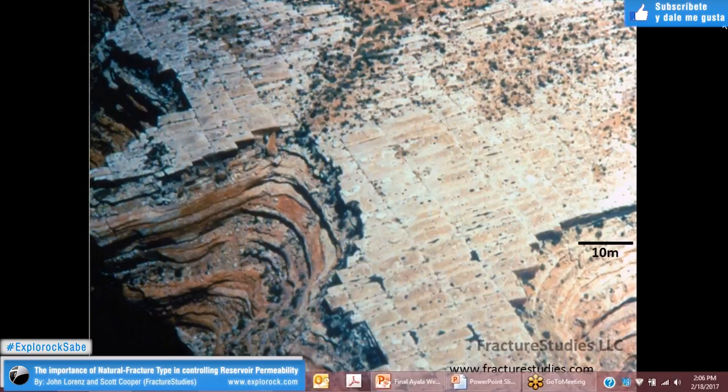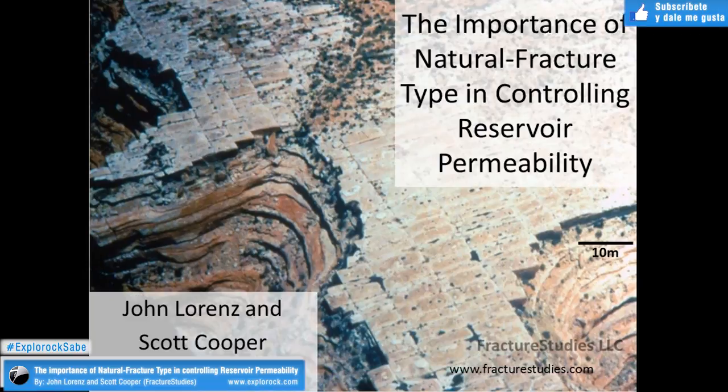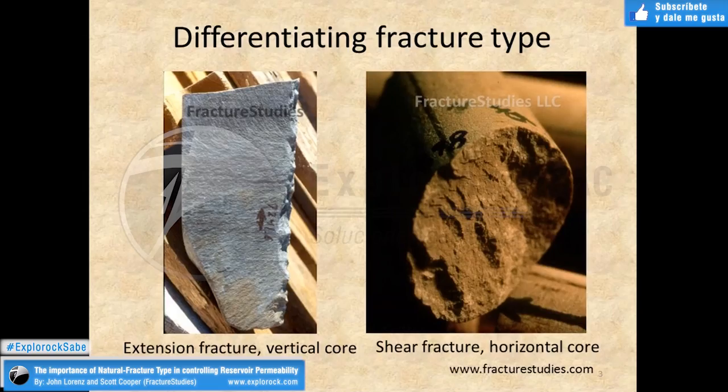Extension fractures are going to give you a whole different type of vertical and horizontal permeability. They'll give you permeability anisotropy, the difference between shear and natural extension fractures as they affect the permeability. So we have to be able to recognize them. We have to be able to assign them the various orientations in the reservoir.